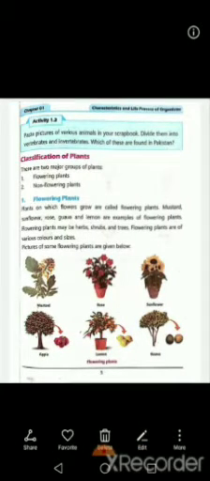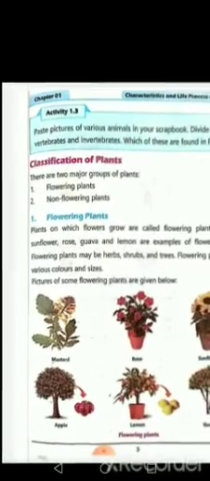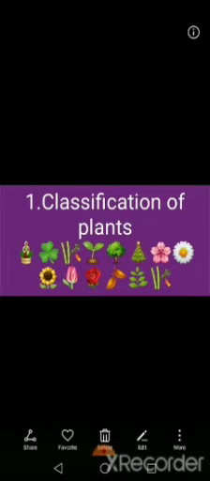This is your book page, and on this page we have the topic of classification of plants. So what is the classification of plants? Dear students, first of all, you all know very well that plants are living things, and thousands of species of plants occur in our environment. Some of them are small in size and are called herbs, some are medium in size and are called shrubs, and some are big or larger in size and are called trees.